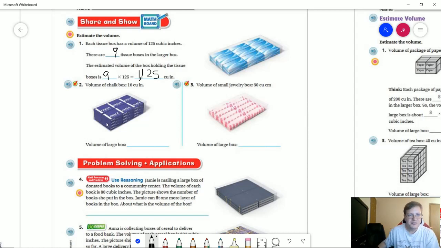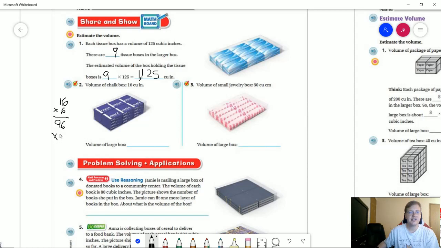And so for number 2, we're working with 16 times the number of boxes, and so it looks like we have 6 times 4. And so what you could do is go ahead and do 16 times 6. That's going to give us 96.